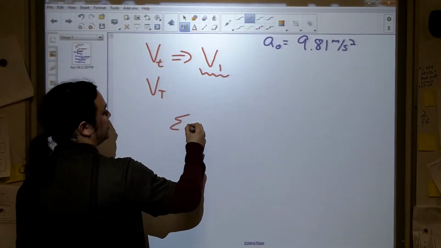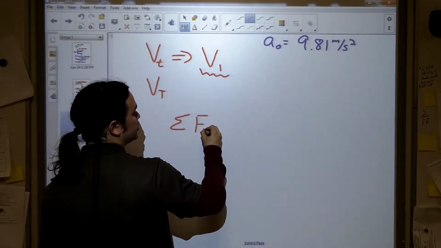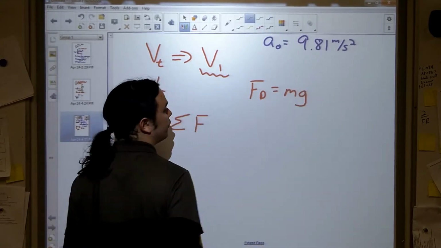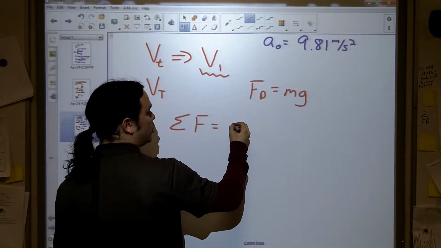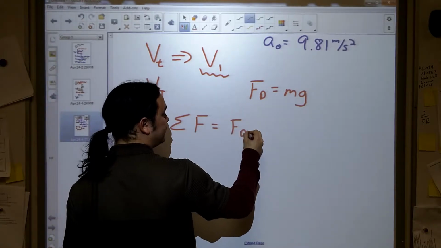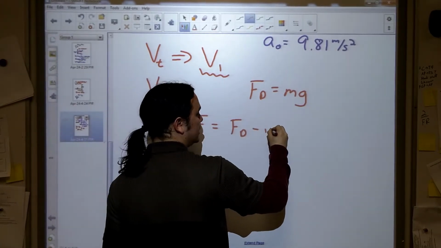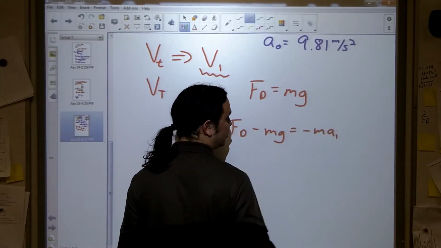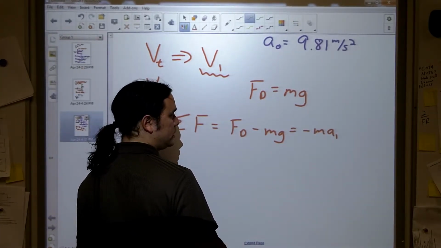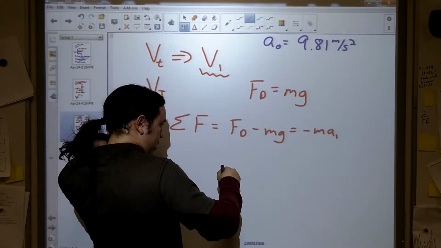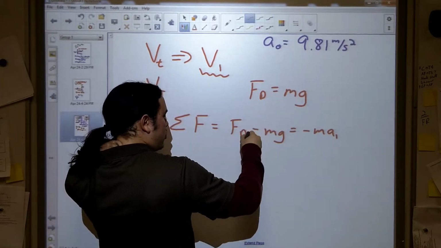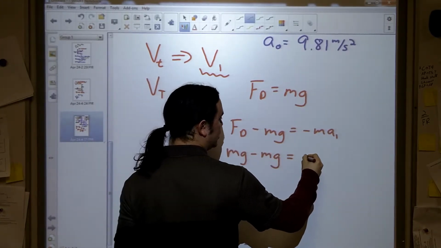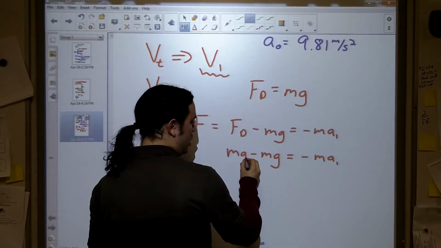All right, well, when that happens, our terminal velocity occurs when the force of drag is equal to the force of gravity. So my sum of forces is still the same as I saw before, Fd positive, because it's up, minus mg equals negative ma final. All right, well, let's see what we end up with. Here is where Fd is going to be equal to mg. mg minus mg equals negative ma final.